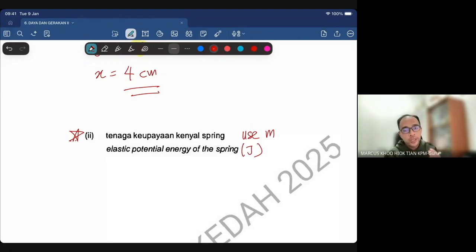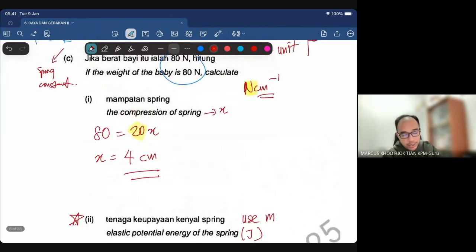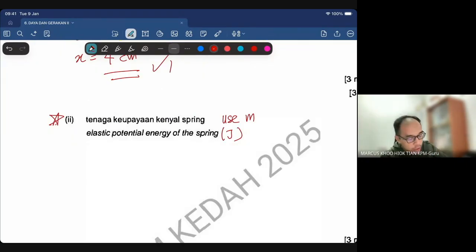And because we are using joule, you must use the extension or the compression in meters and not in centimeters. There are two formulas for elastic potential energy: E equals half Fx or E equals half kx squared. Either method is fine, except please don't forget the extension must be in meters.